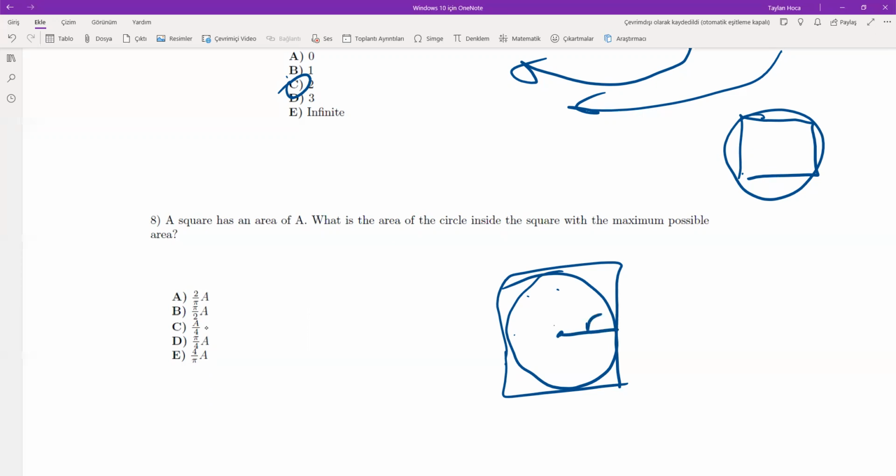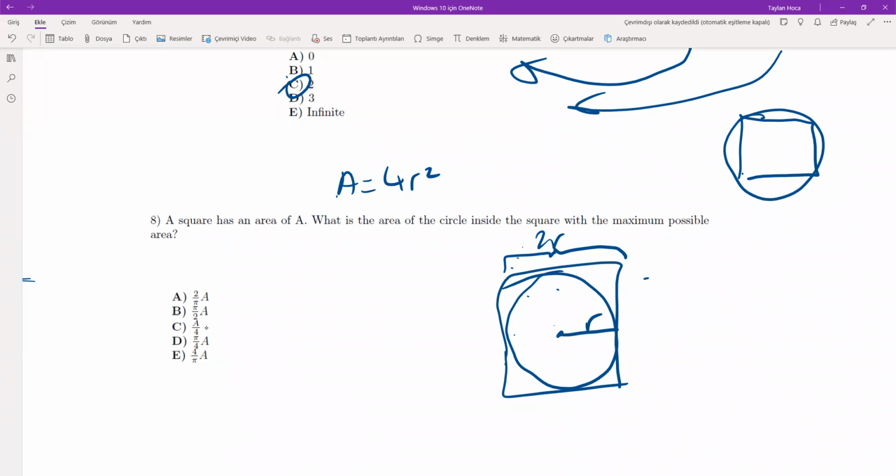So it is R. Hence, square's side is what? If the circle has a radius of R, the square side is? Half of R. No, 2R. Oh, sorry, 2R. Okay, then the square has an area of A, which is equal to 4R squared, right?